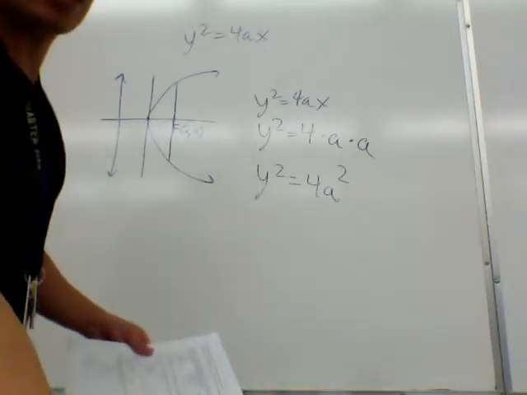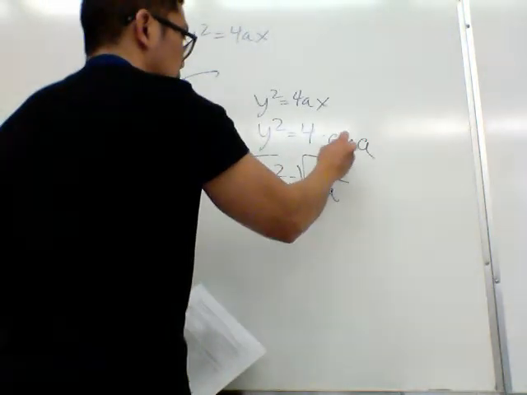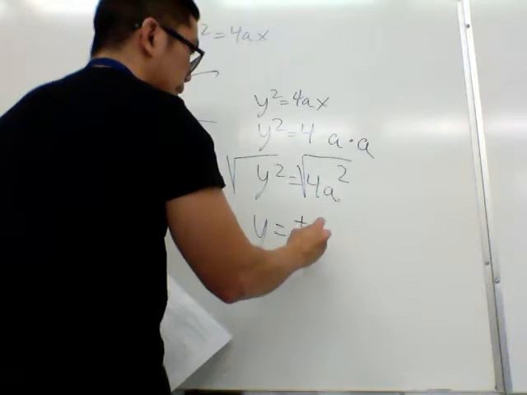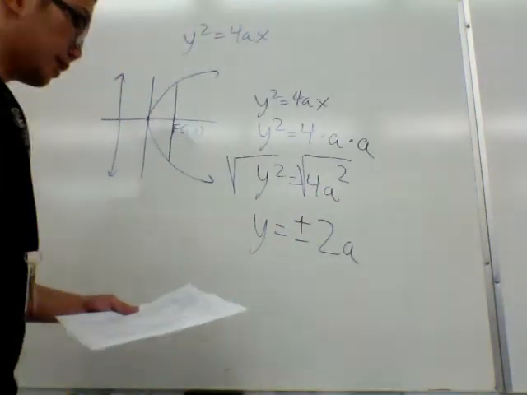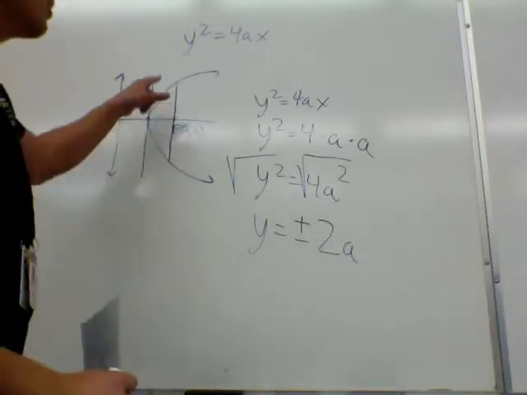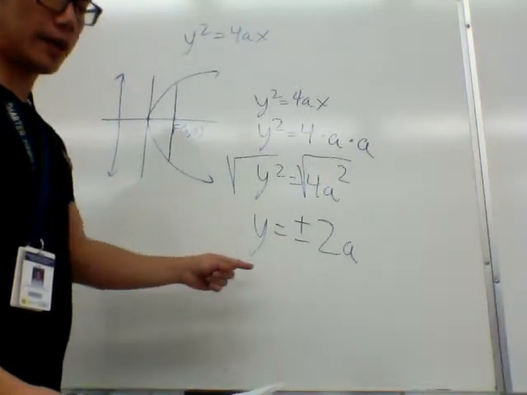Now, if I solve for y, I'm going to square root both sides. And so y, since it's an equation, I need plus or minus 2a. So, to find these points, it's plus or minus 2a.